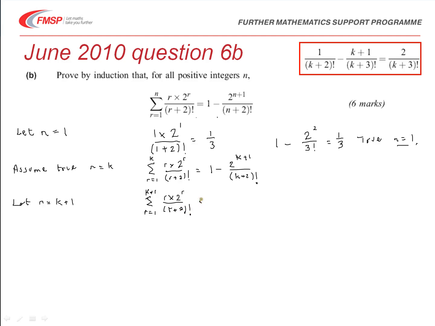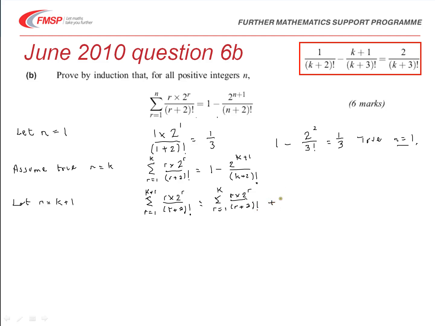So what we need to do is to rewrite the sum from 1 to k plus 1 as the sum from 1 to k plus the additional term that has to be added on to that. And the additional term is when we substitute k plus 1 in for r.